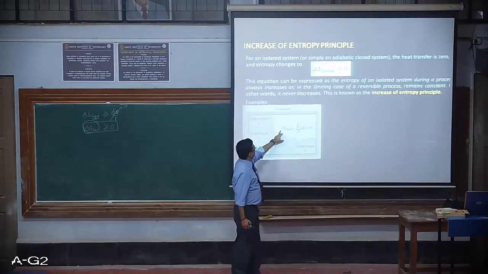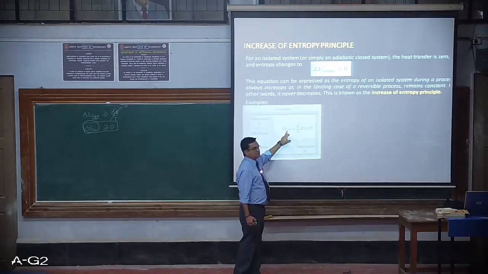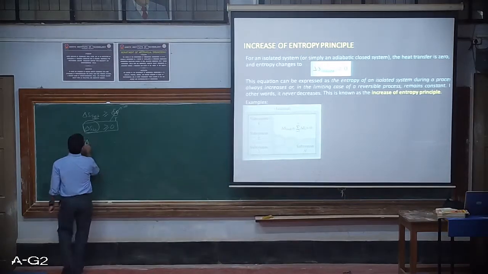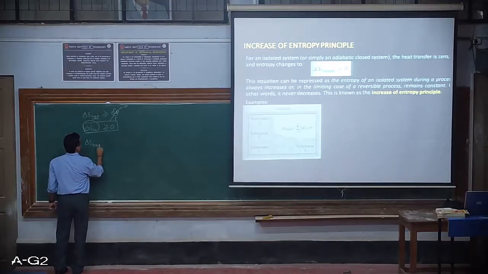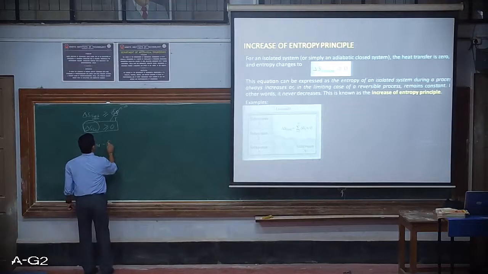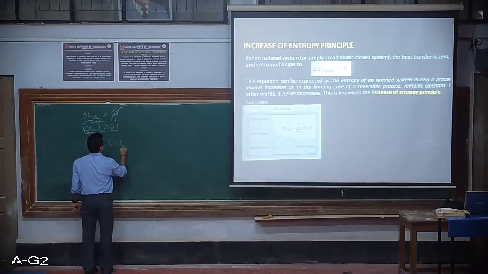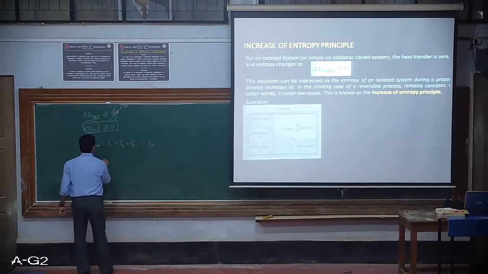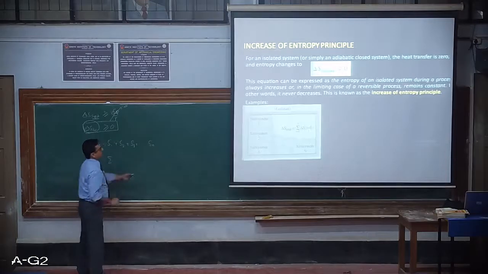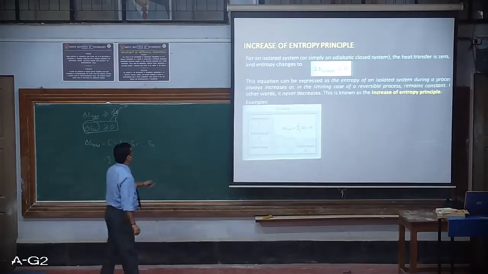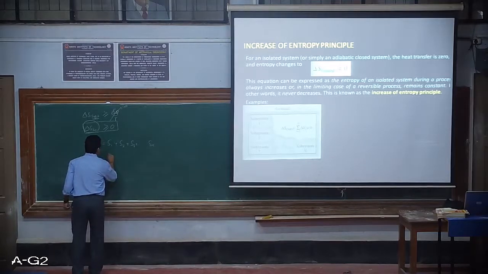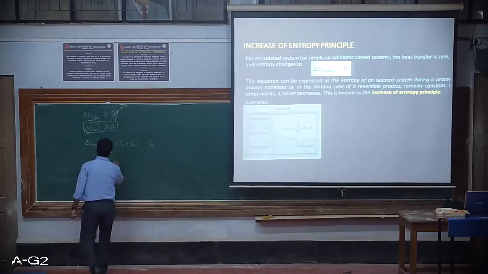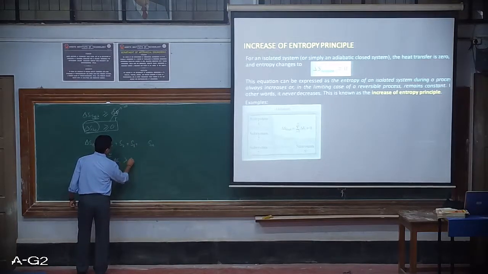Therefore, total entropy, which is called delta S total, is equal to the entropy change of system 1, system 2, system 3, so and so forth, system n, which is written in the summation form as the summation of i from 1 to n, where the number of subsystems are from 1 to n, and the change in entropy delta S i is always greater than 0.